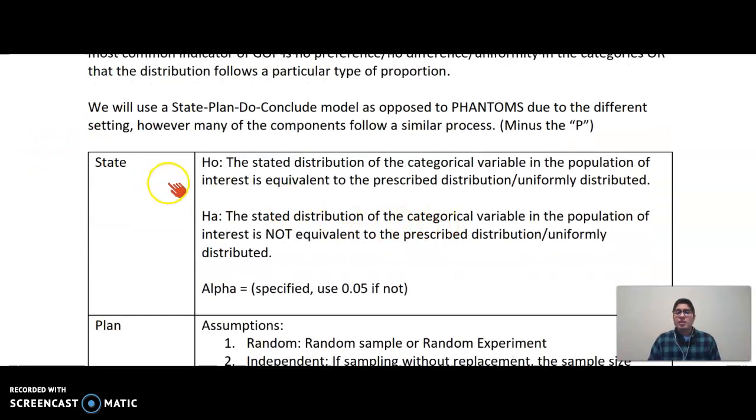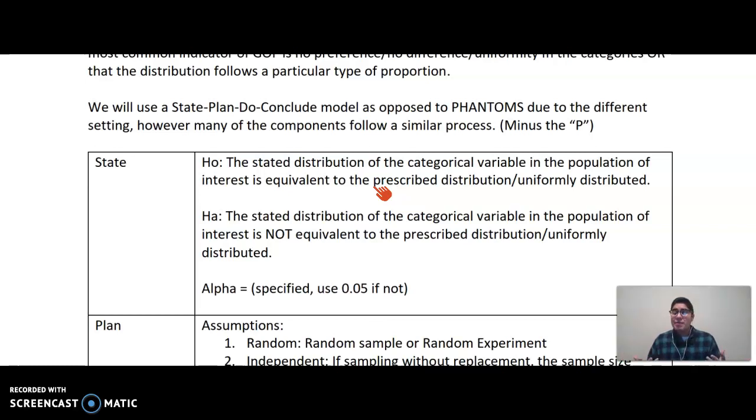Now, here we're going to state the null and the alternative hypotheses. Here, the stated distribution of the categorical variable of interest is equivalent to the prescribed distribution, or it's uniformly distributed. So either it follows the distribution that's claimed, or every observation is equally likely.